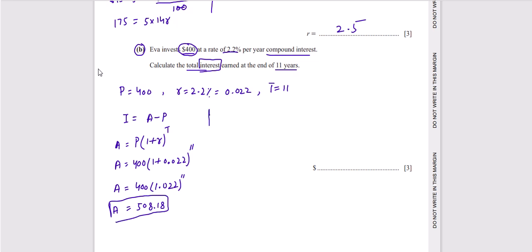Now put this value here. I is equal to A minus P, 508.18 minus 400, we get 108.18. So the final answer is 108.18.